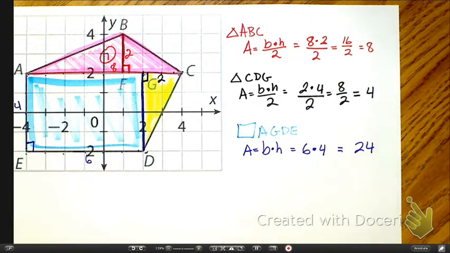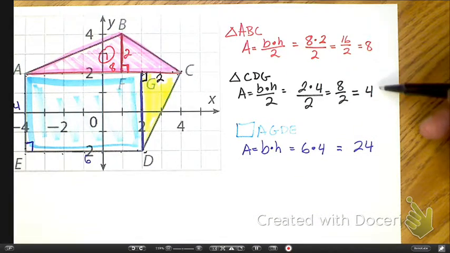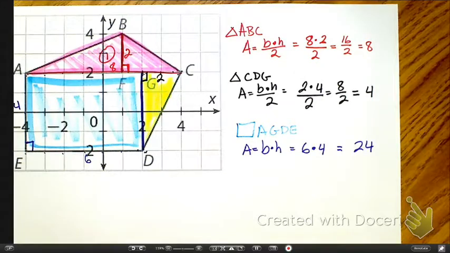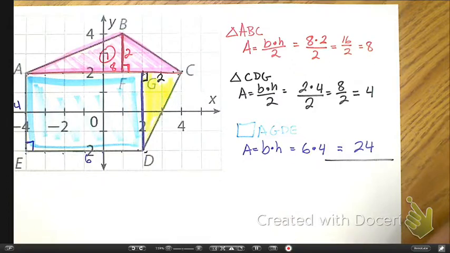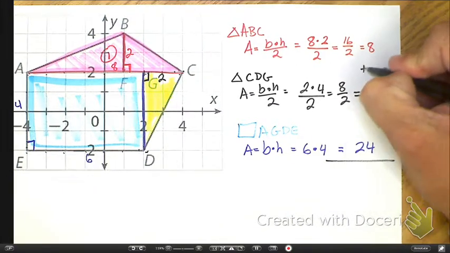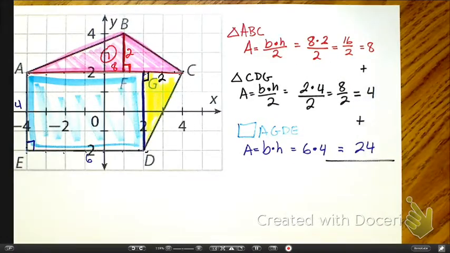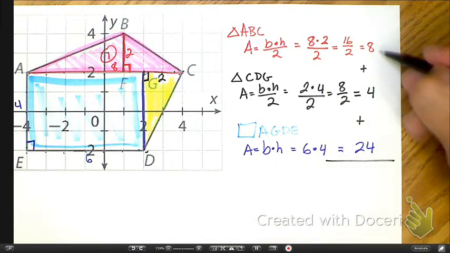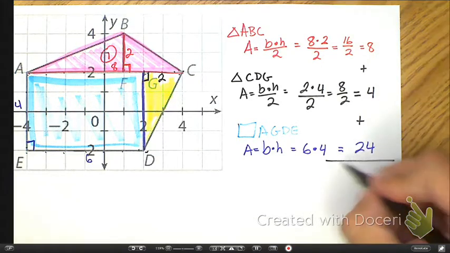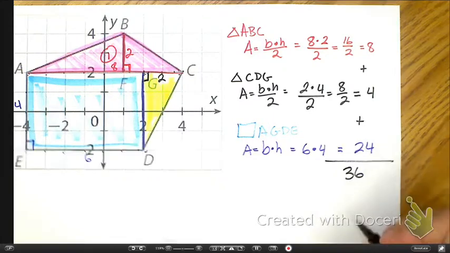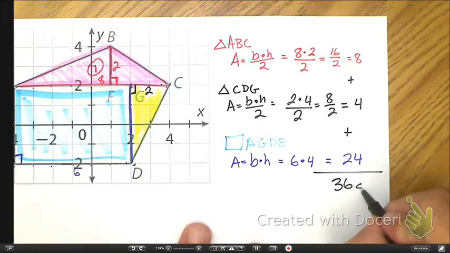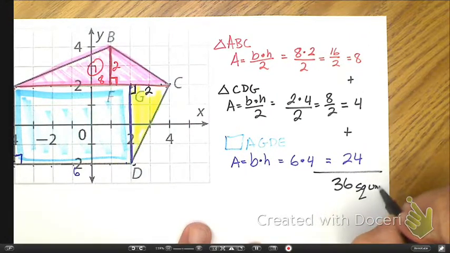Now that we have found the area of each smaller individual polygon that's made of this large pentagon, we add all three together. 8 plus 4 plus 24, 36. 36 square units.